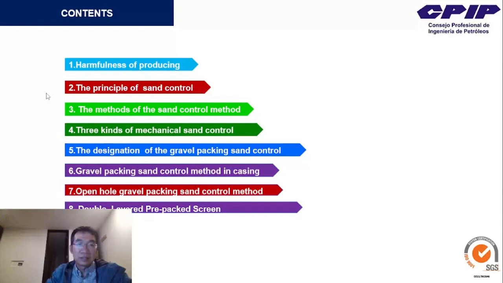The third one is the method of sand control. And the fourth one is 3 kinds of mechanical sand control. And the fifth is the design of gravel packing sand control. And the sixth is the gravel packing sand control method in casing. And the seventh is the open hole gravel packing sand control method. And the eighth is the double layer pre-packed screen.